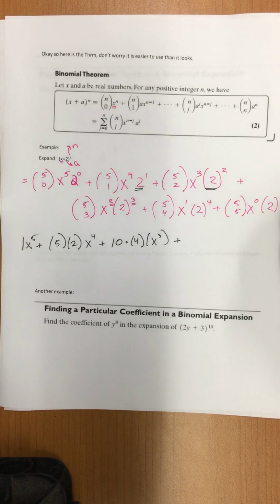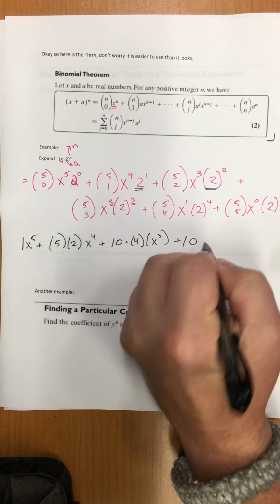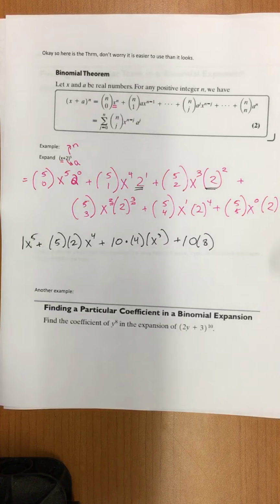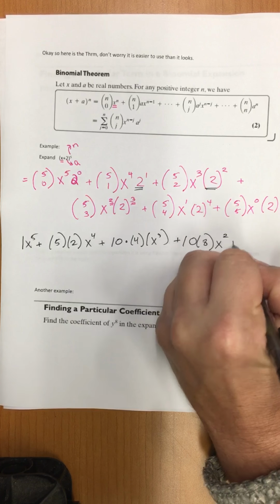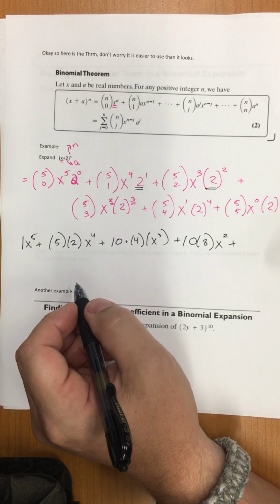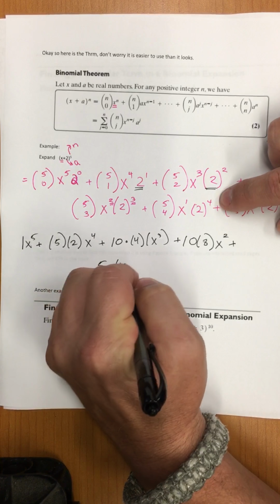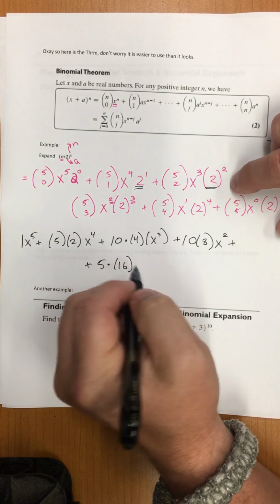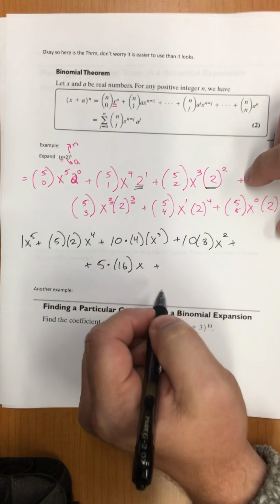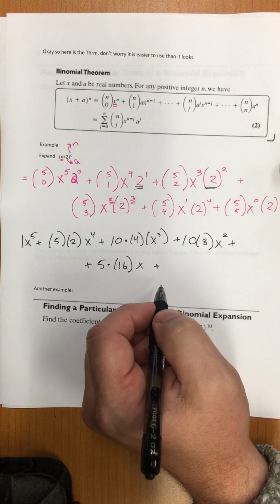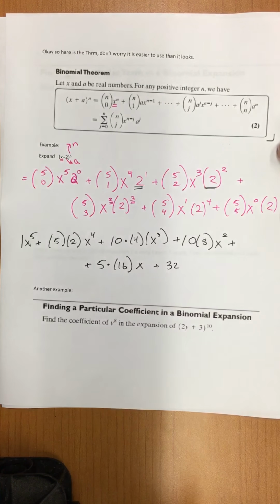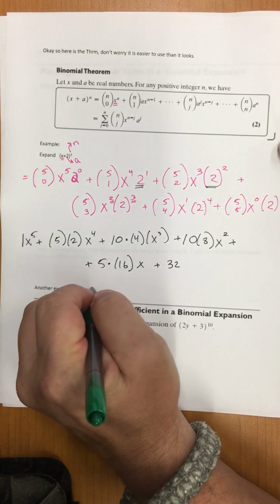Plus 5 choose 3 is also 10. 10 times 8 times x squared, plus 5 choose 4 is 5 times 2 to the 4th, 16 times x, plus x to the 0 is 1, and 2 to the 5th power is 32. And again, one more time, making it look pretty.